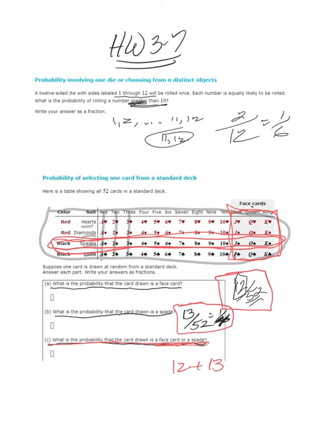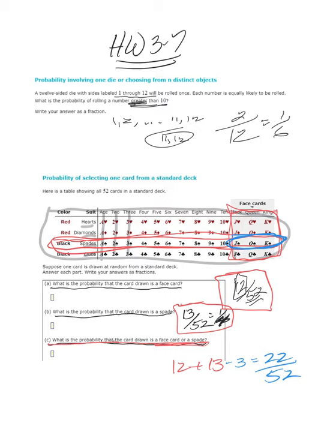However, if I'm paying attention, these 3 get counted twice. They get counted in both sections, those spades that are face cards. So I don't want to count those twice, so I'm going to subtract them out at least one time, so they're just counted the one time. So when I do all that, I've got 22 different possibilities out of the 52 cards.